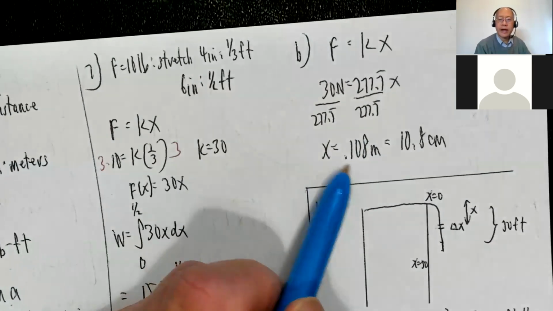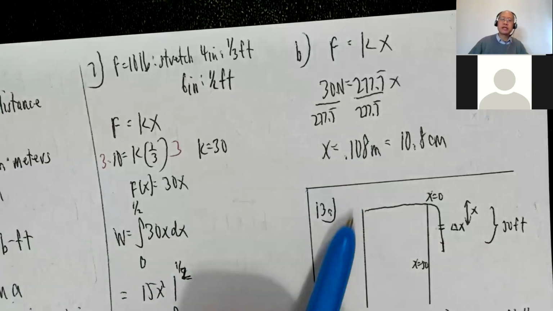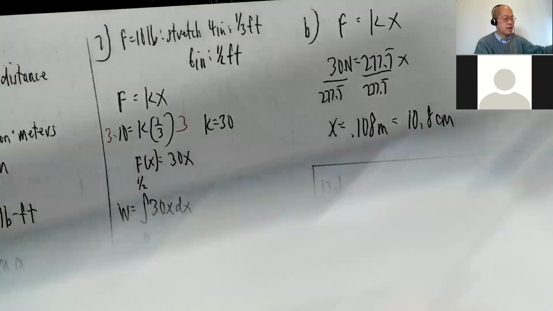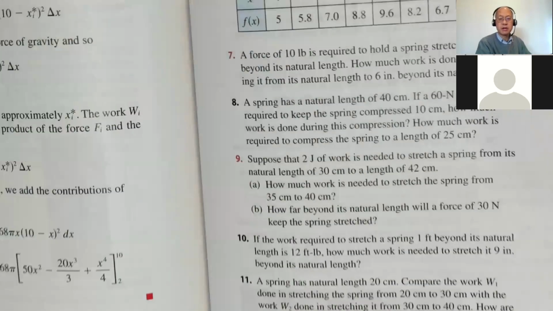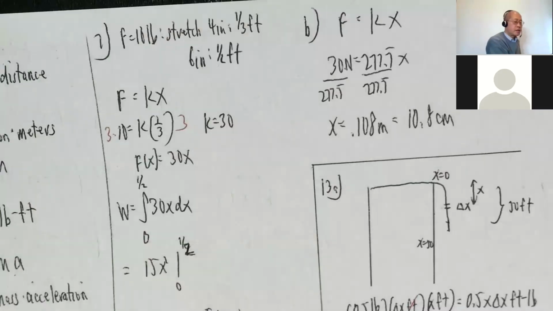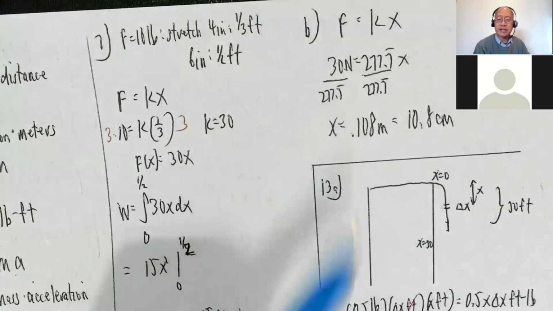I get 0.108 meters. Okay, and then here's another principle of how you present your answers in science. Even though when I do the calculations it's in meters, the original problem had everything in centimeters. So even though temporarily, to make the formulas work, I switched to meters, my final answer is back in centimeters.